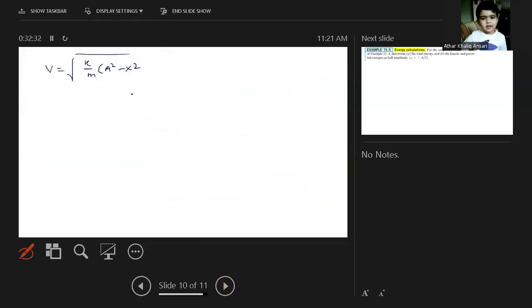So here what you will do, same, 19.6 over 0.3 into 0.1 square minus 0.05 square. Take a square root. The answer is 0.700 meter per second.